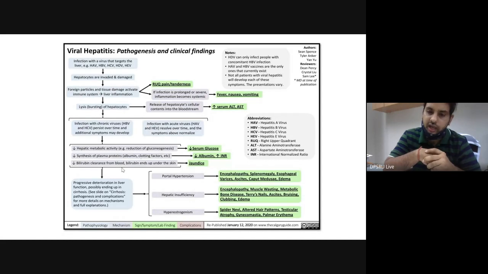So that's why chronic hepatitis is also very difficult to treat. When we are starting medicines for chronic hepatitis like hepatitis B and C virus, the treatment will be much longer. You have to take the medicine for 10 years, 20 years, or maybe lifetime in case of hepatitis B or C virus infections.